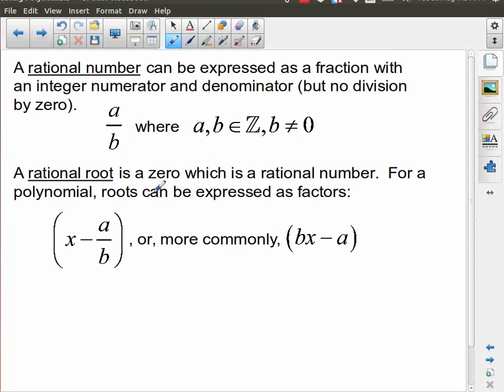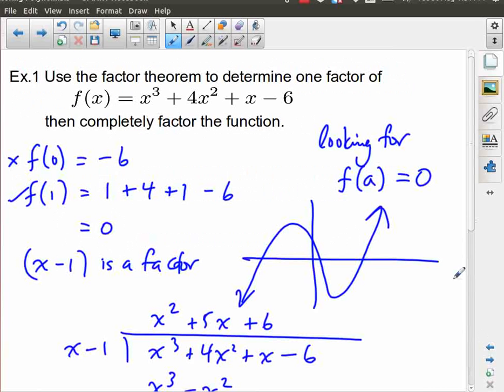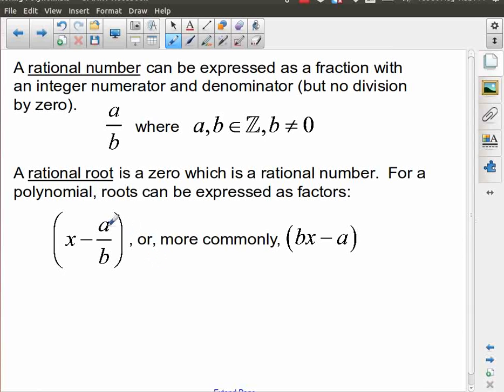Now, we're talking about polynomials, we're talking about factoring polynomials, we're talking about roots of polynomials. So a rational root, as opposed to what I had here, which was an integer root or an integer factor, is when you have a rational number as the root. So we would write this as x minus a over b, that's a rational number, but we could also write this in another way, which is this denominator goes here with the x, so bx minus a.